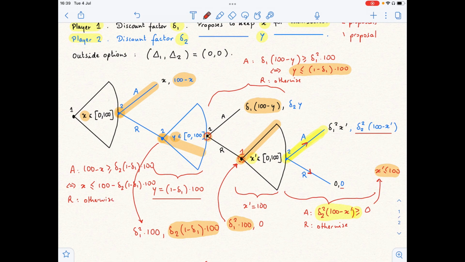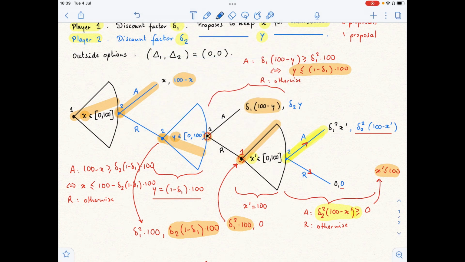And finally, when we think of player 1, what amount would they choose to offer? The highest amount that would be accepted by player 2, right? And here we're going to make an assumption that this amount that they'll end up getting is larger than delta 1 squared times 100.